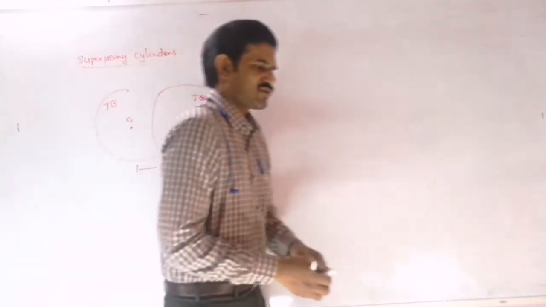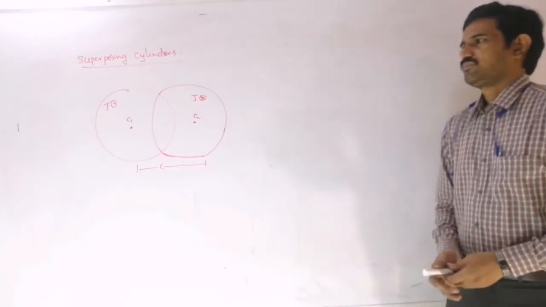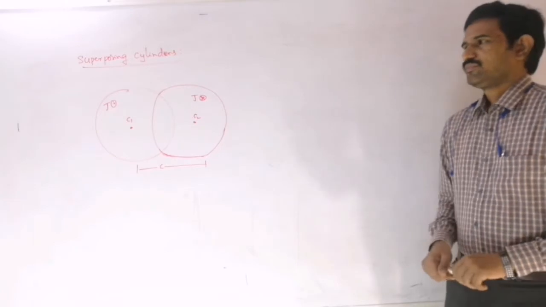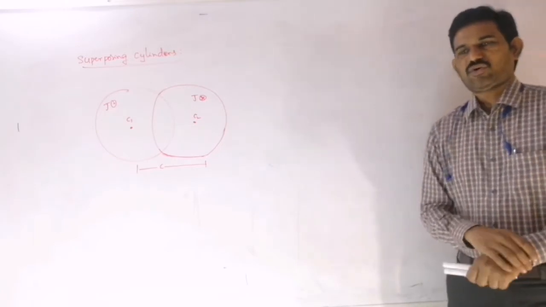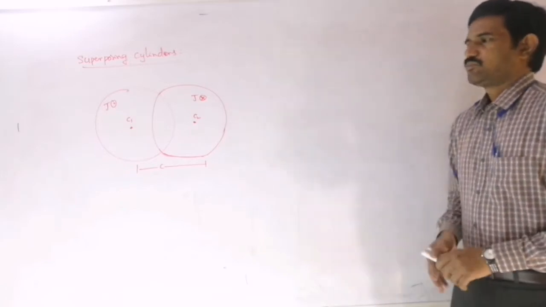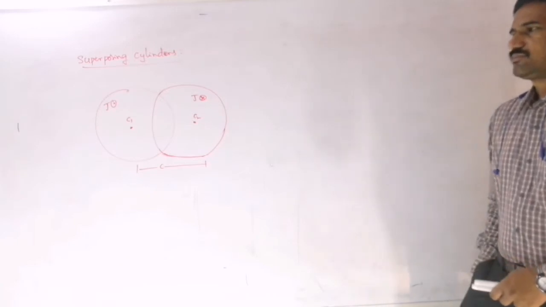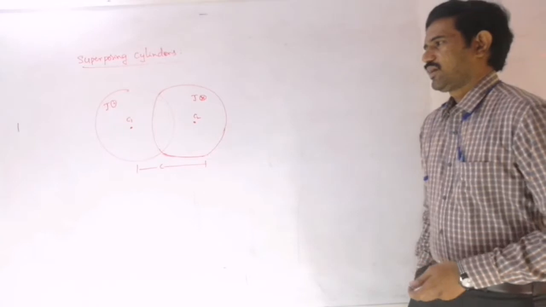So just mention that these are long cylinders and the cross-section view is shown here. Write that. Assume two identical long cylinders are superposing on each other, as shown in the figure.